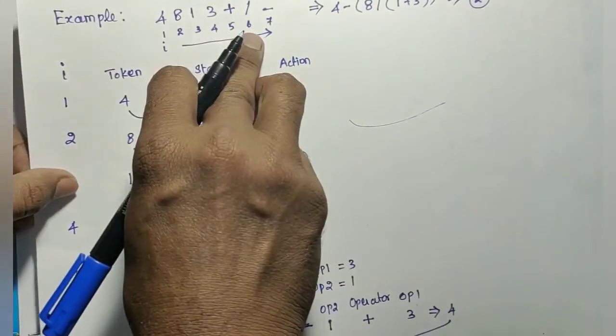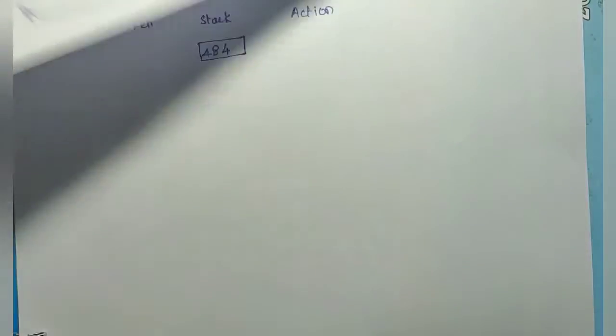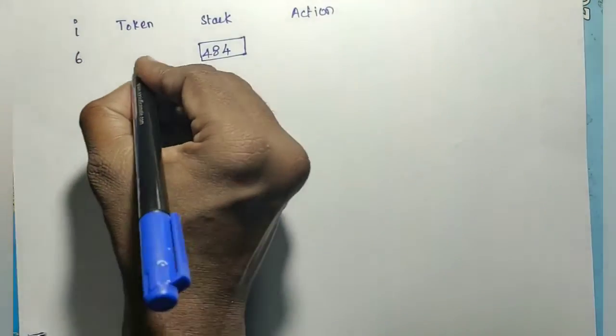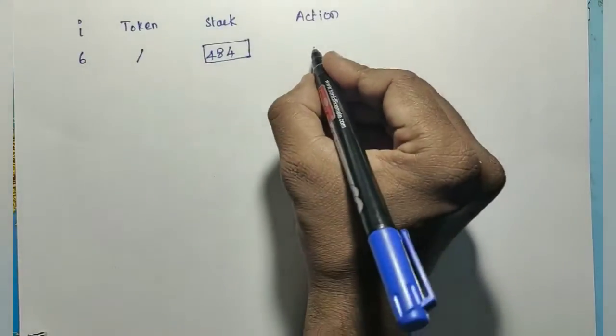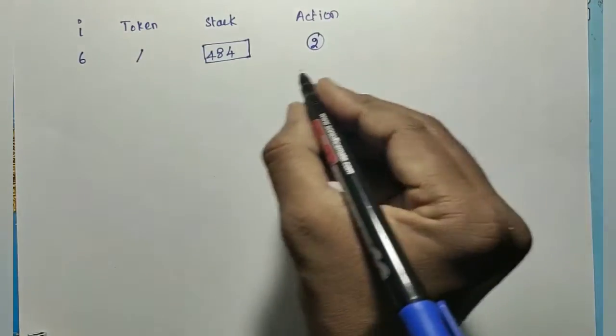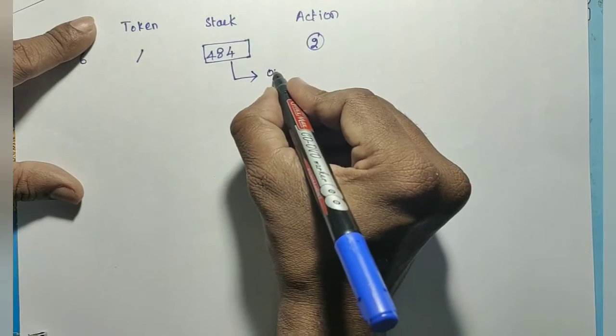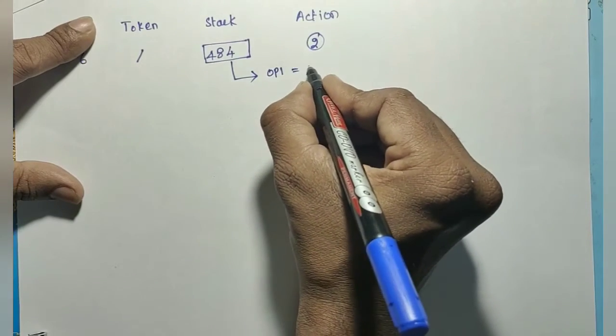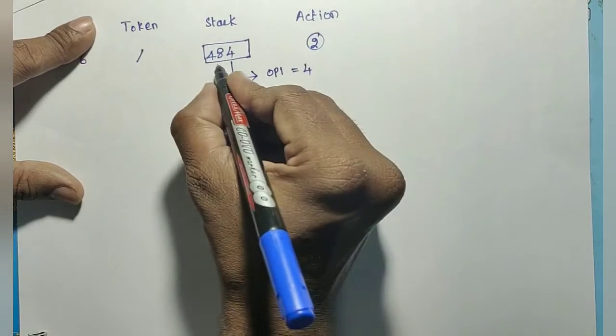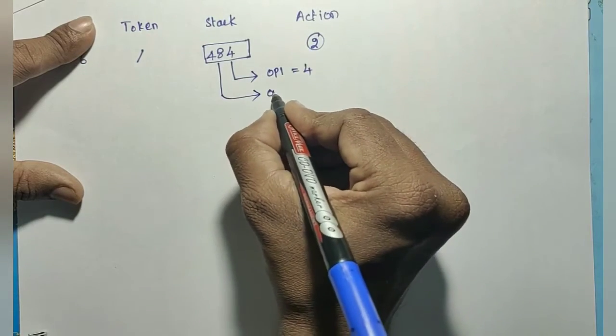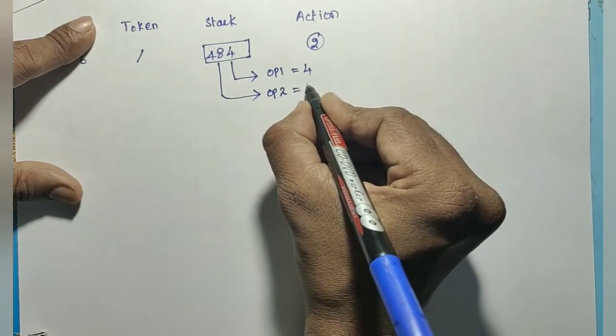The next element is I equal to 6, by that time, slash. So I is 6, that token is the slash. So I have to perform action 2. Again I need to pop one element. So OP1 equal to 4. Pop another element, OP2 equal to 8.